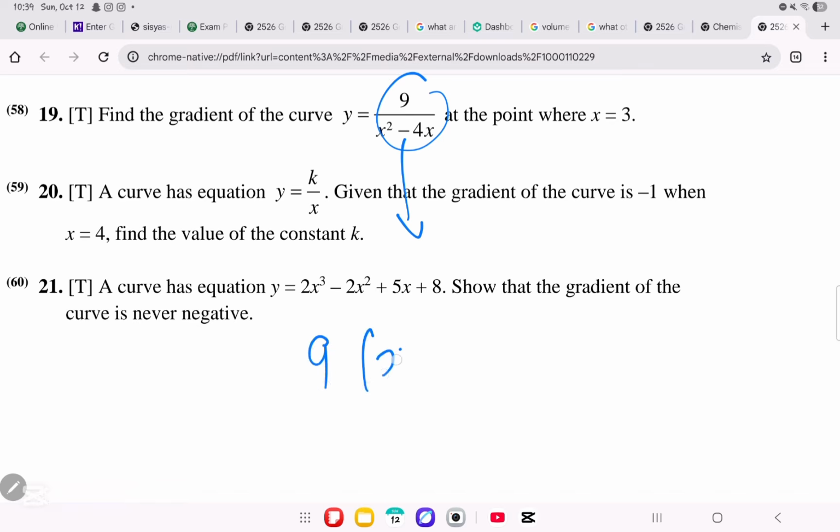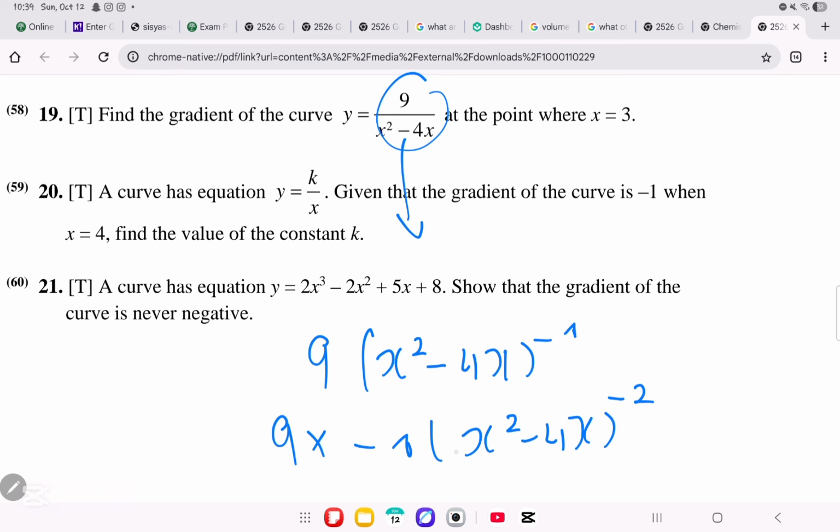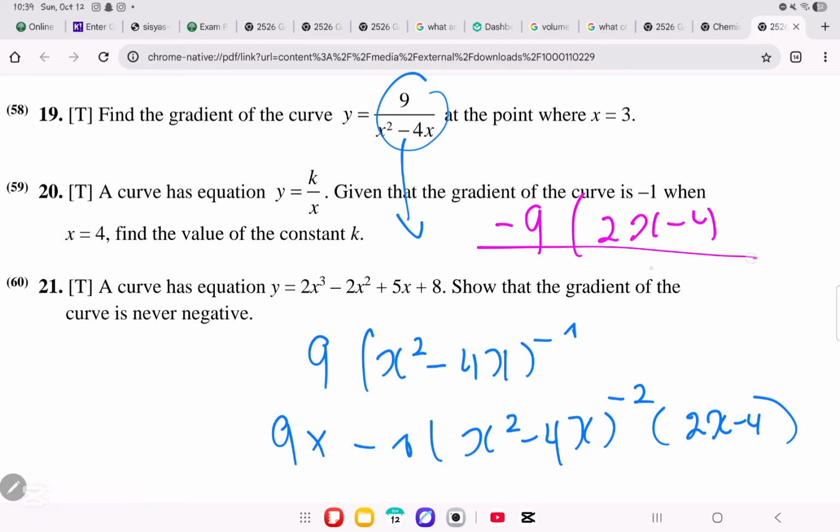It would then be 9 times x squared minus 4x to the power of minus 1. So 9 times minus 1 x squared minus 4x to the power of minus 2. Take the derivative of the inside. So that's going to be 2x minus 4. So then that's minus 9 times 2x minus 4 over x squared minus 4x squared, right?